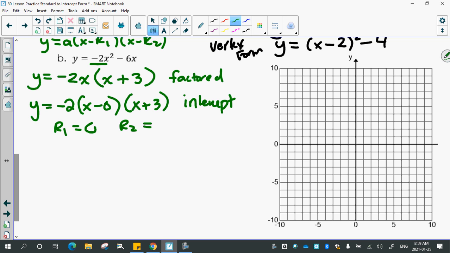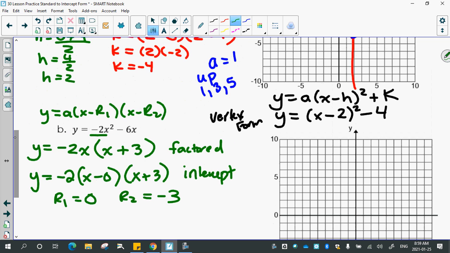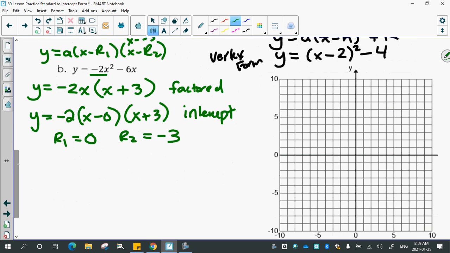Yes. 0 and? 3. Close. -3. Why is it -3? Right. So to have this positive here, it would have to be x minus -3, and that's why you see x plus 3. Okay, everybody remember that from a week ago? So that's your intercept. So put them on your graph, 0 and -3.